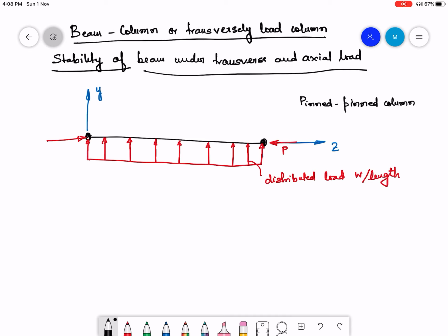So in this lecture, we are going to solve an example problem where we again deal with a pin-pin column.